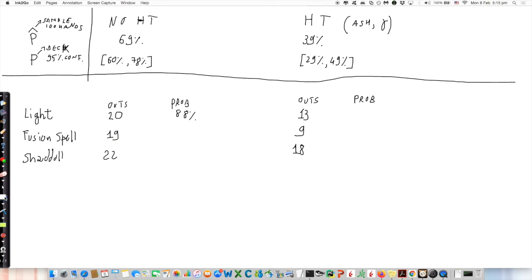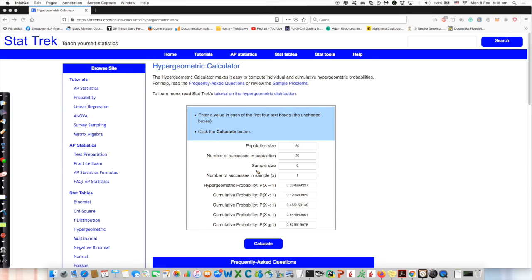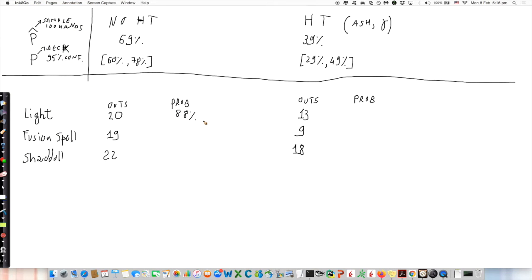Let's see the 19 here. So very simple, everything is the same, but we just put 19 here, and the probability now drops to 86.3. So we are basically writing here 86.3.